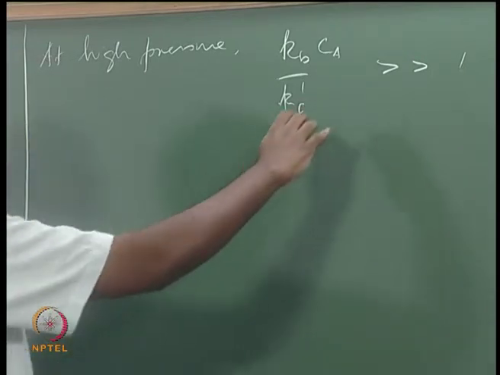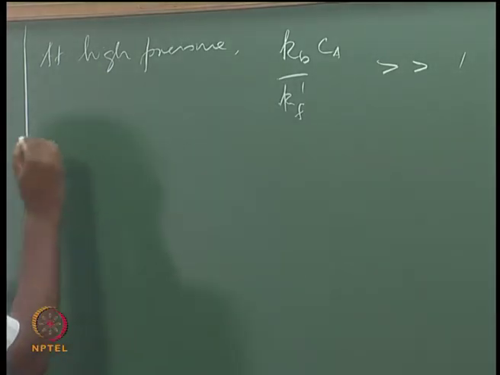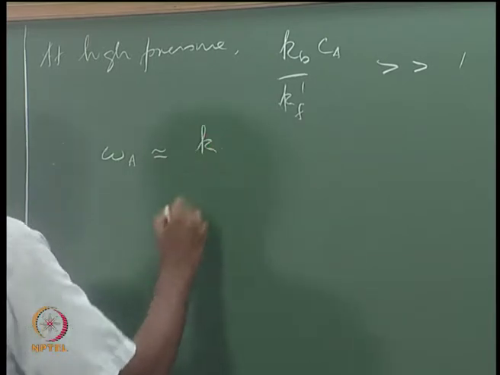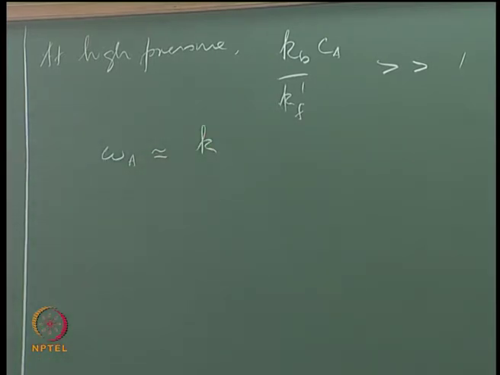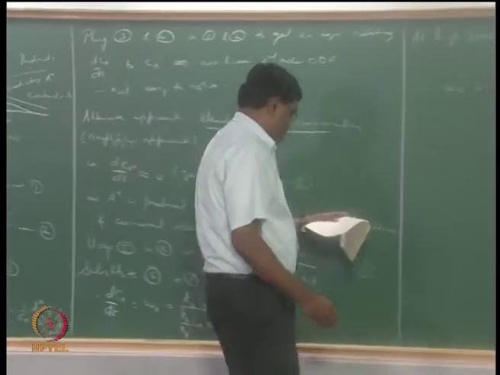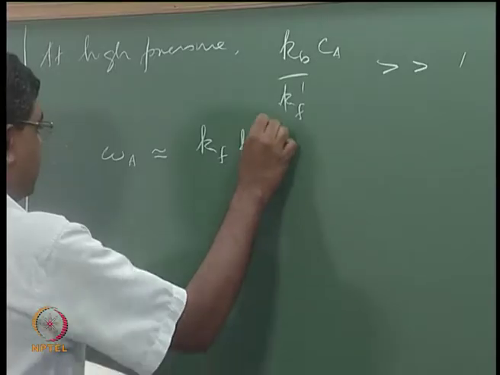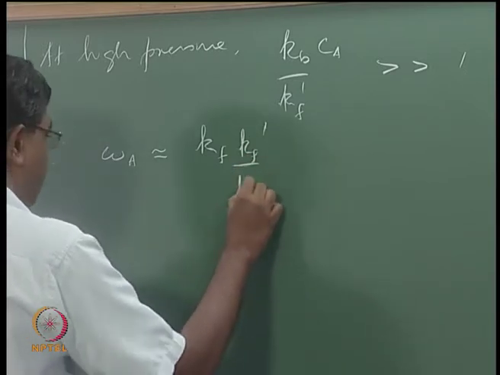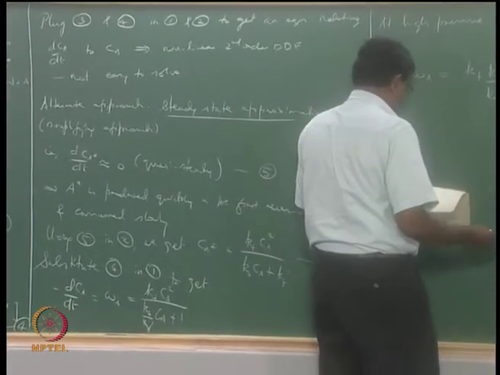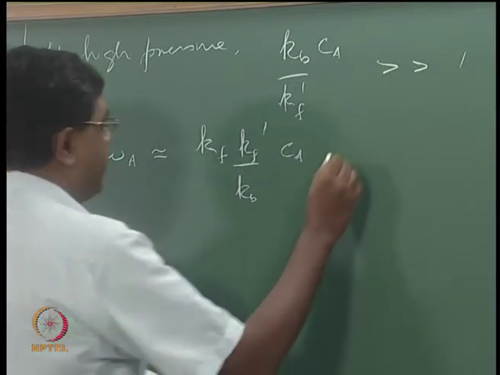Therefore we expect that this should be much larger than 1, and if you plug that in, then omega A approximately becomes, you just go back and get rid of the 1 in favor of this expression, and so you now have a KF prime divided by KB, and then the CA gets cancelled with one of the two CA's in the numerator to get only one CA. This will behave like a first order.